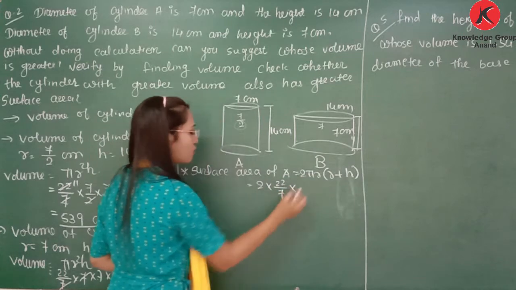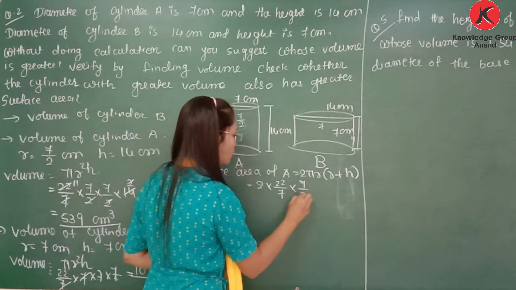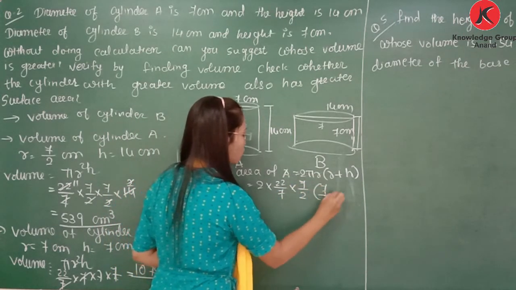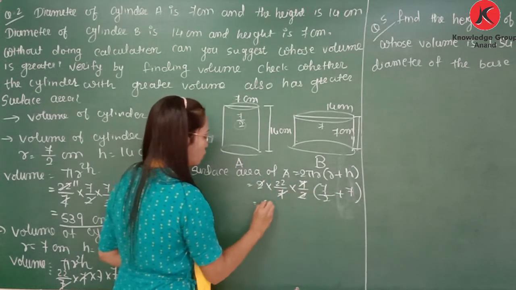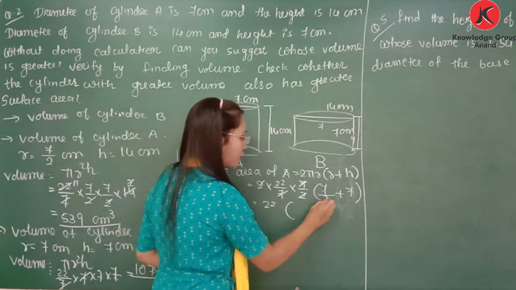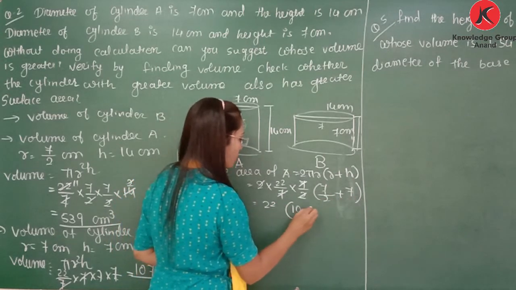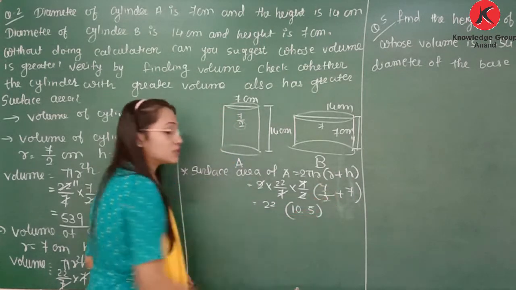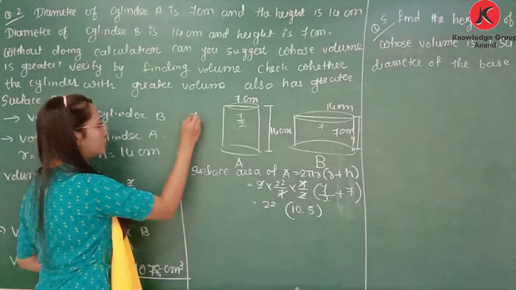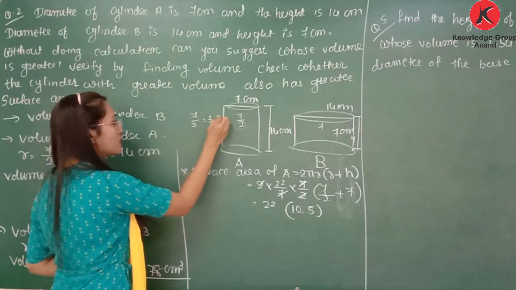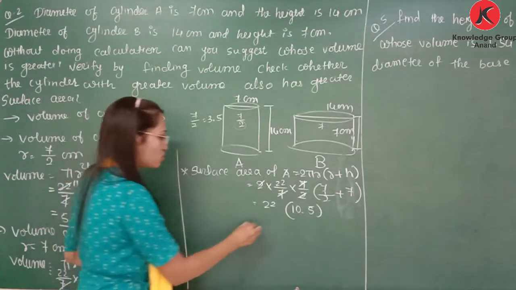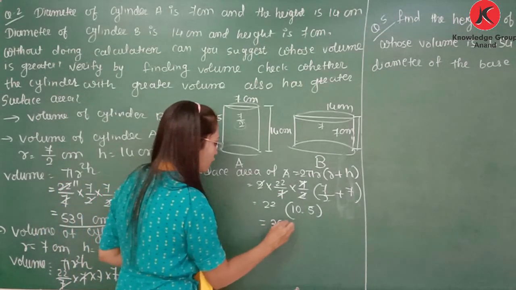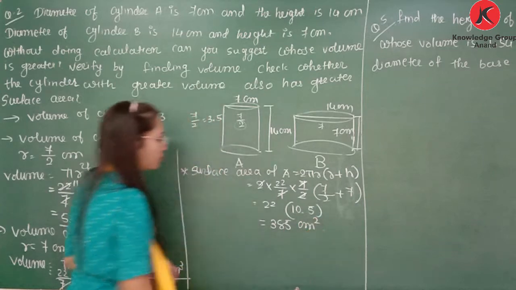For cylinder A, what is the radius? It is 7 by 2. 7 by 2 plus 7. 7 cancel. 22. 7 by 2 is what? You can also consider it as 3.5. 3.5 plus 7 is 10.5. So that will be 385 centimeter square.